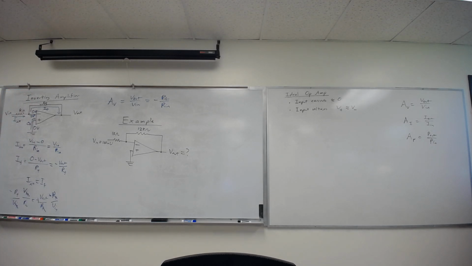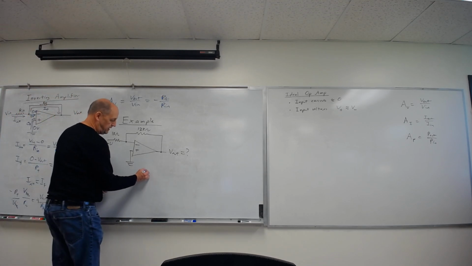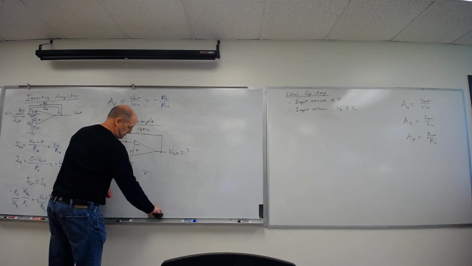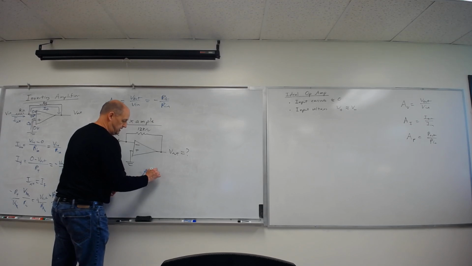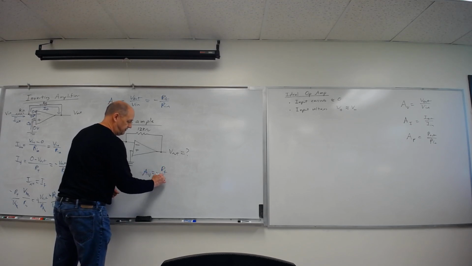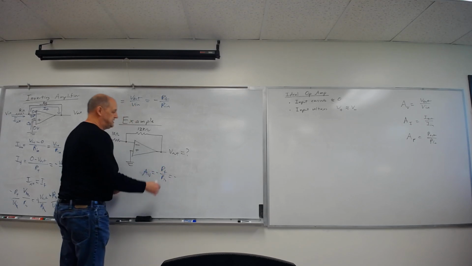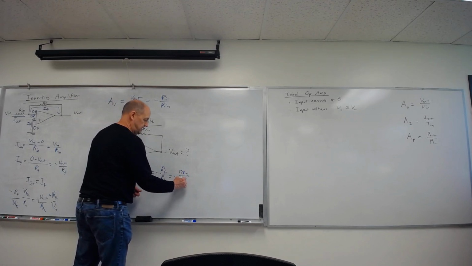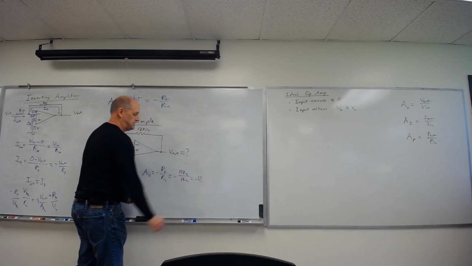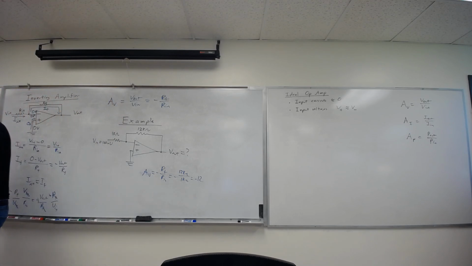What's the output voltage for my example there? Well, gain is minus RF over Rn, which is minus the feedback resistor, 12 kilohms, over the input, 1 kilohm. So my gain of that amplifier is minus 12.